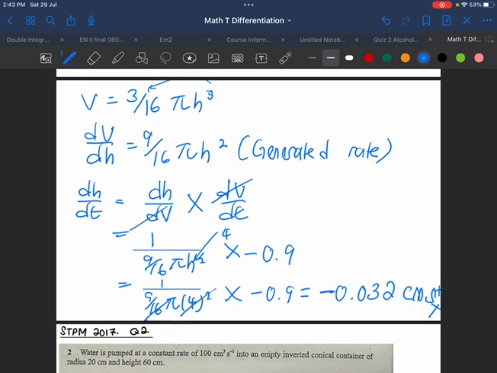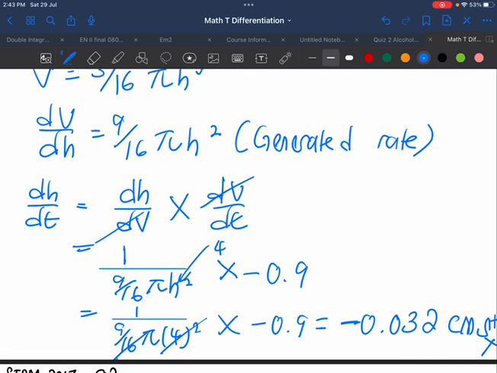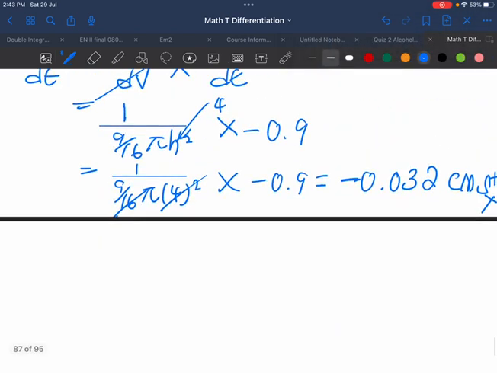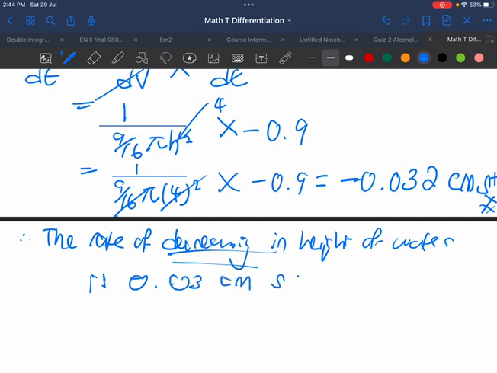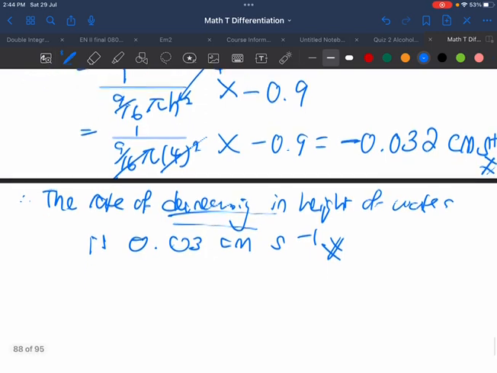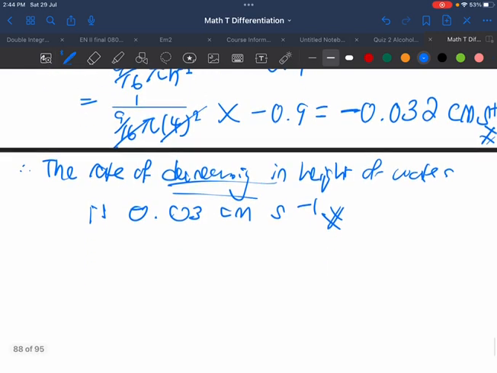So here is how we find the answer. The rate of decreasing in height of water is, because we mentioned decreasing already, so we don't need to mention negative again, 0.03 centimeter per second.